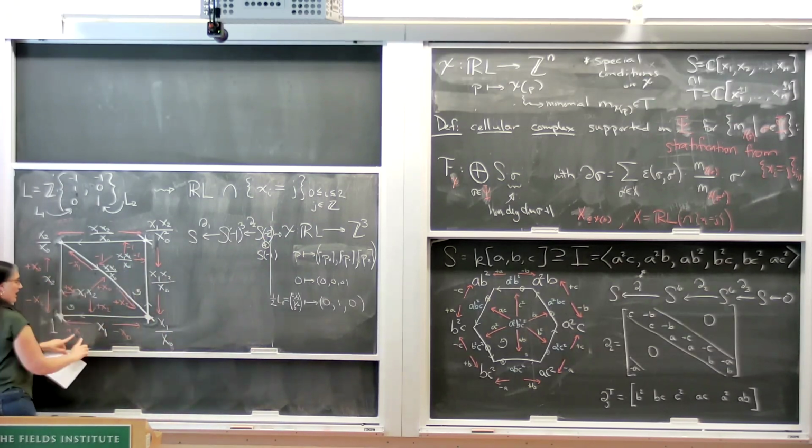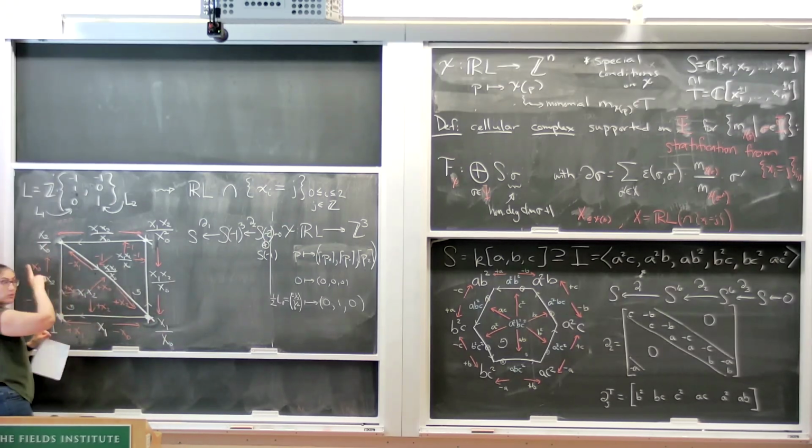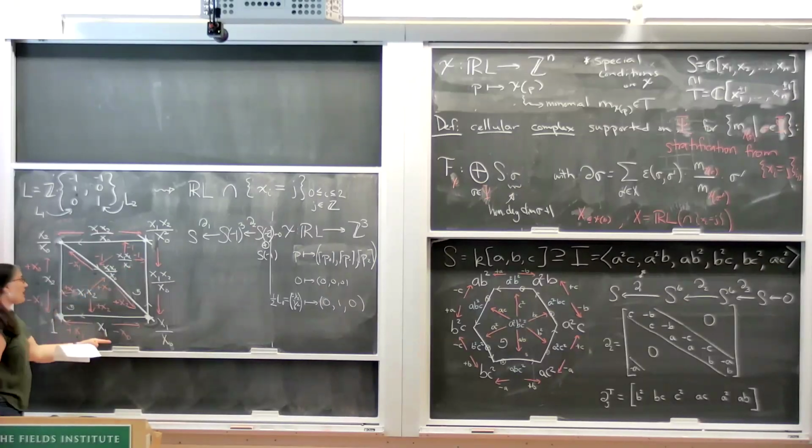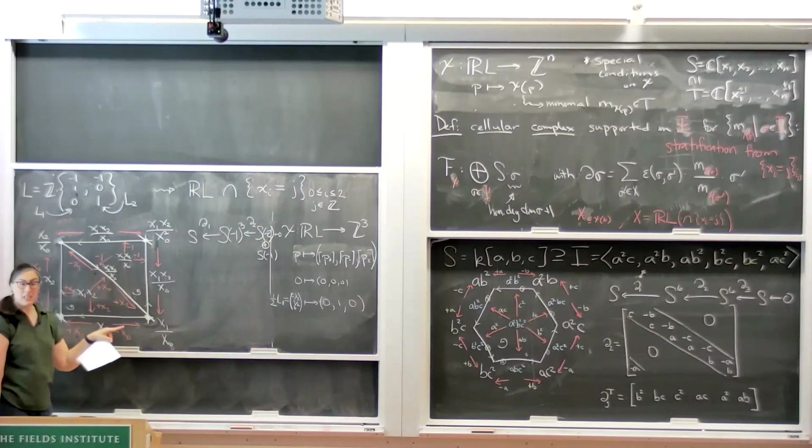Okay, so for partial 1, I have 3 binomials: x1 minus x0, x0 minus x2, and x2 minus x1. Earlier we saw these two were the ones we used in our resolution. We have an extra one, and that's why we're going to have this extra identity map coming from this.